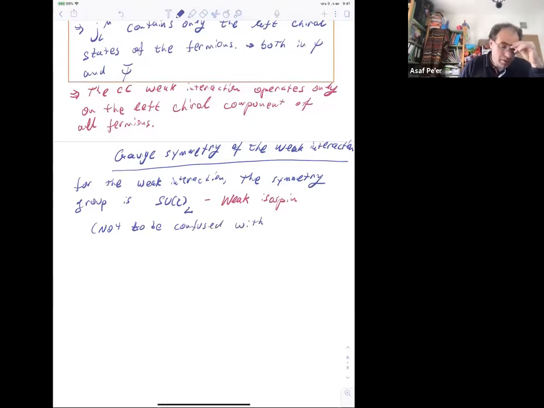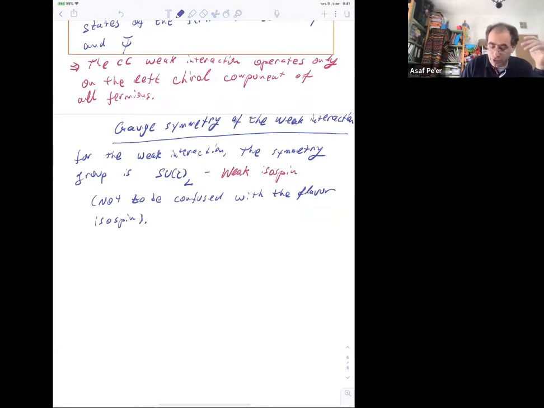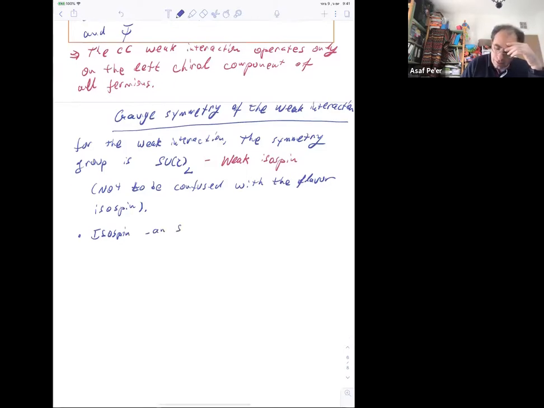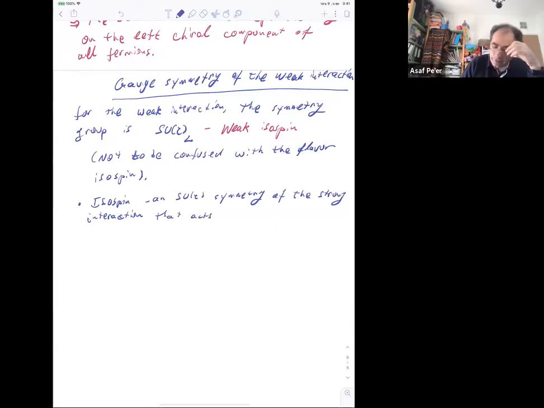Flavor isospin: when we spoke about the flavor isospin, or isospin for short, isospin was a symmetry of the strong interaction, an SU(2) symmetry that acts on the space that is spanned by the mass eigenstates of the u and d.